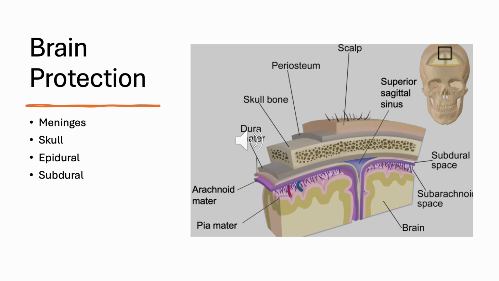So that's why if somebody gets hit, like with a TBI, they can get an epidural hematoma. The subdural space is the potential space between the dura mater and the arachnoid mater. And the subarachnoid space is also where the CSF is housed, along with the blood vessels.